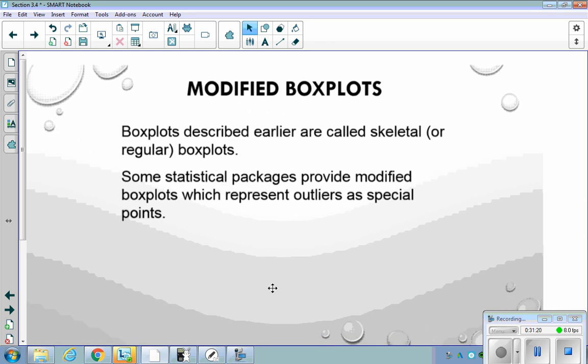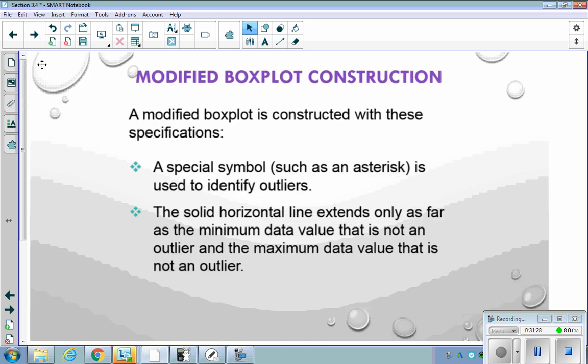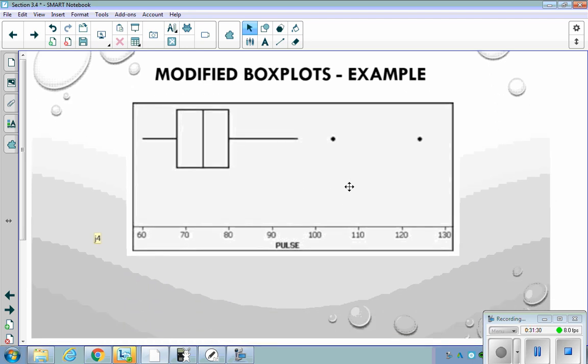So as I said, we would sketch them a little bit differently. A modified box plot. I think I have one on the next. Yep, here we go. Modified box plot. You can see where these two particular data points were determined using our 1.5 times the interquartile range were outliers.